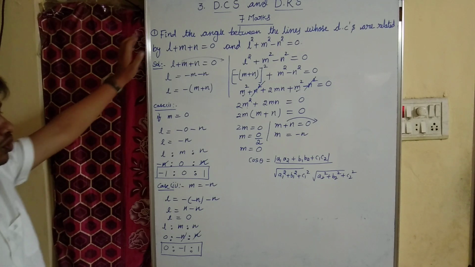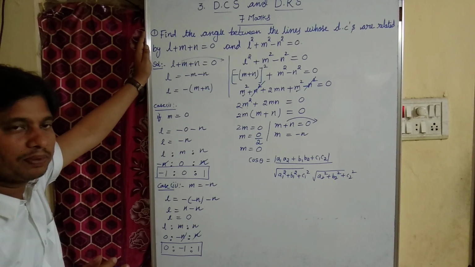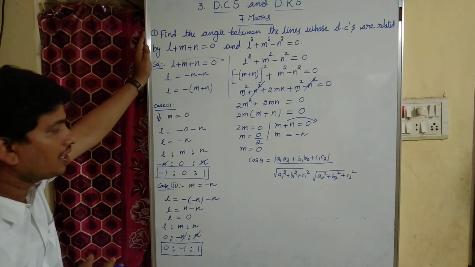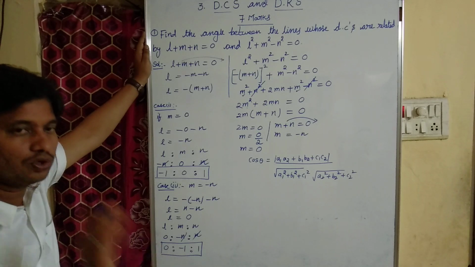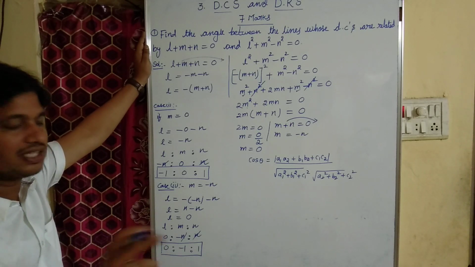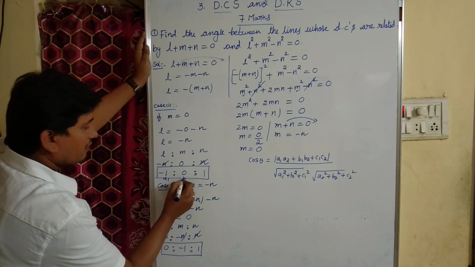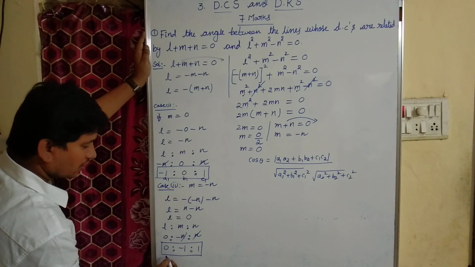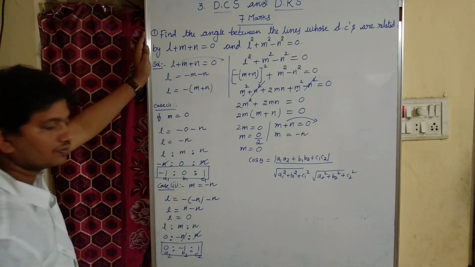This is our angle between two lines. Right? So this is our A1, B1, C1, and this is our A2, B2 and C2.